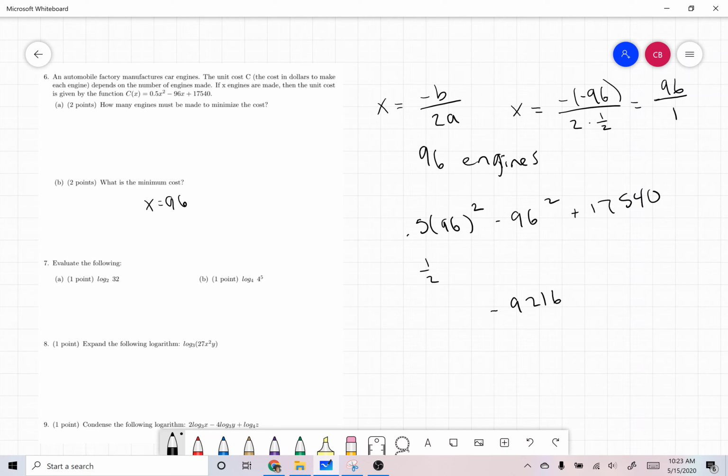Half of that is 4608. So we have 17,540 minus 4608, and that's 12,932.